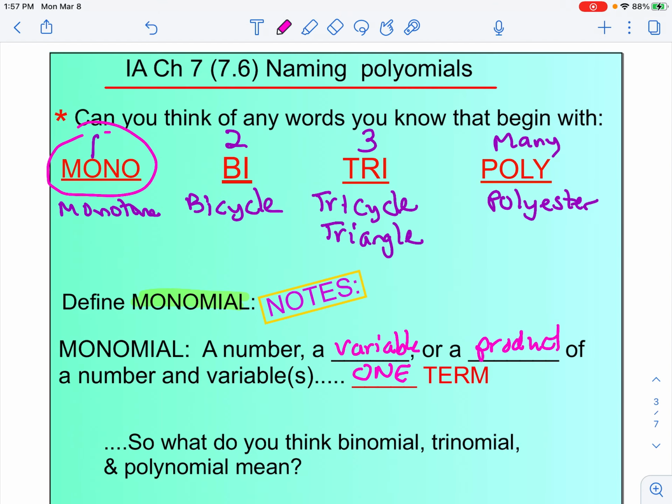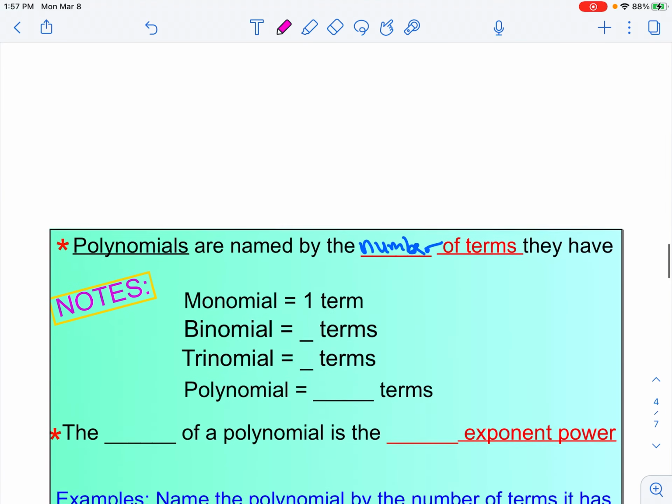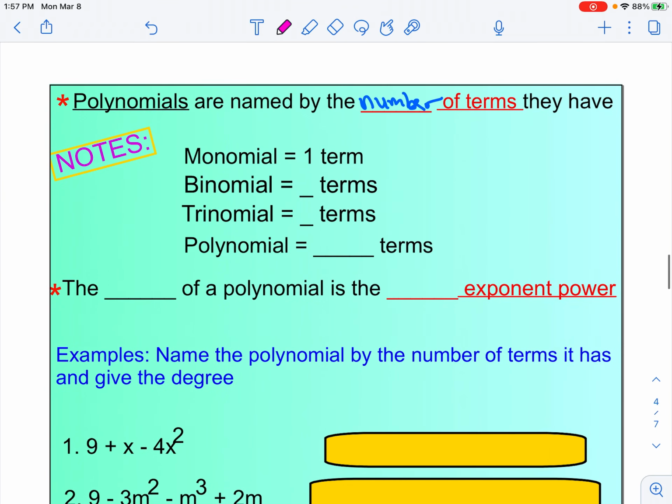Well, hopefully, taking what we did with those prefixes, you would understand that polynomials here are named by the number of terms they have. So a monomial is 1 term. A binomial is 2 terms. A trinomial, 3 terms, and a polynomial is many, or 4 or more terms.